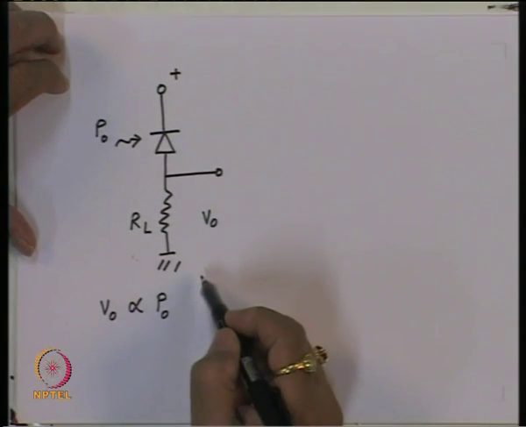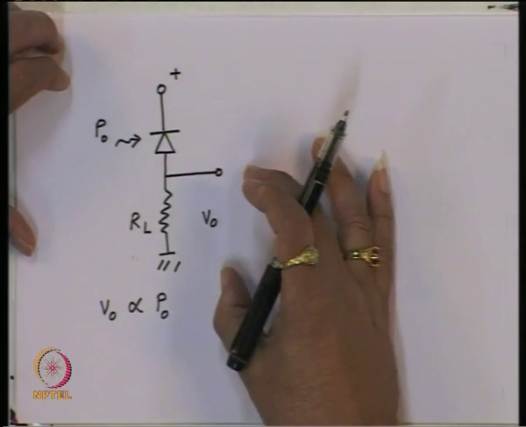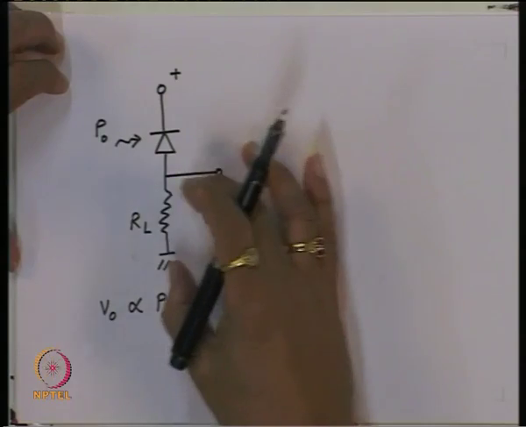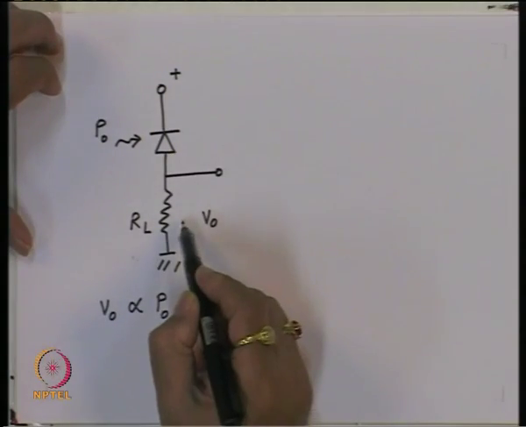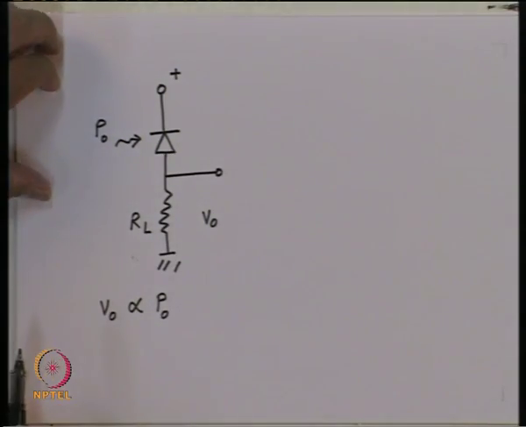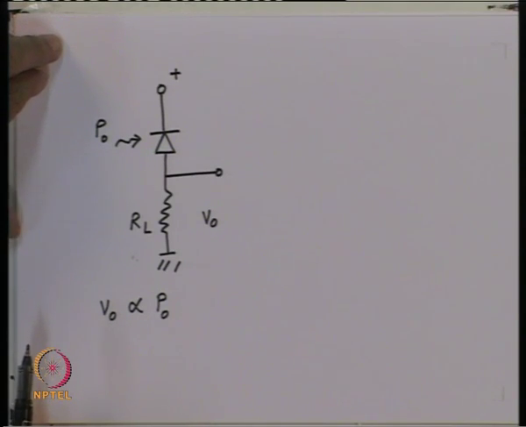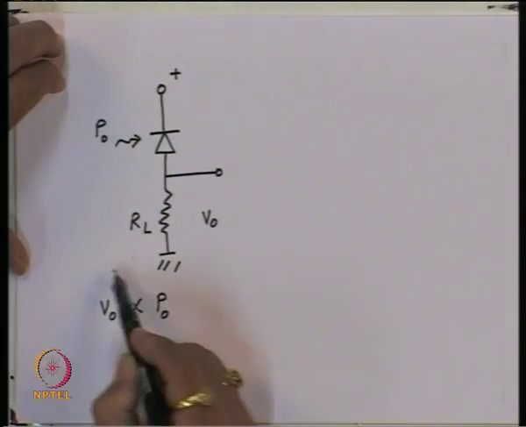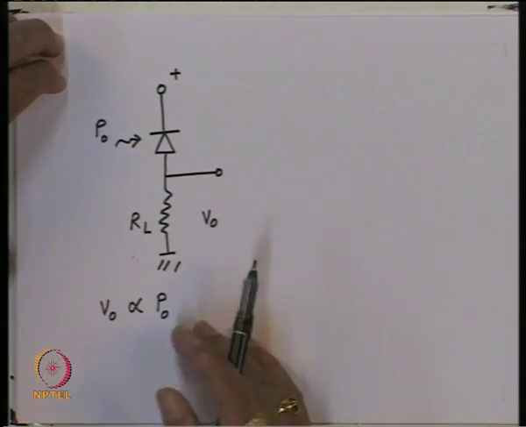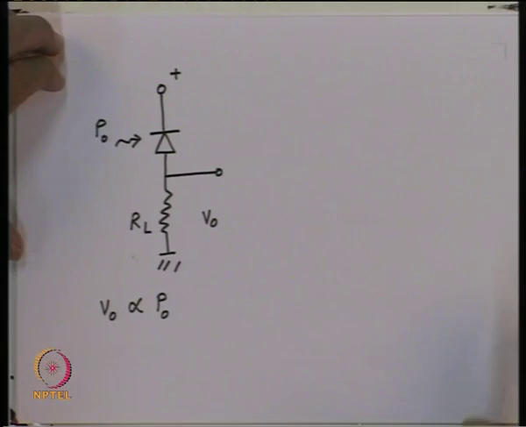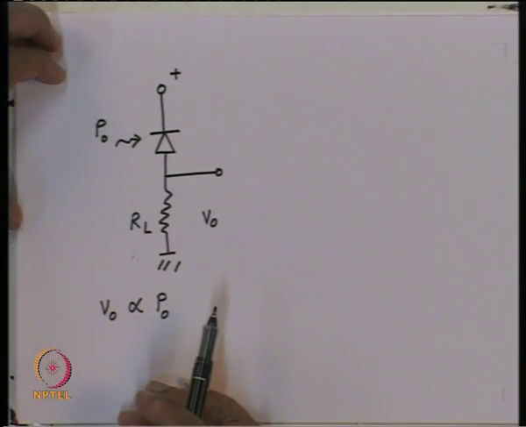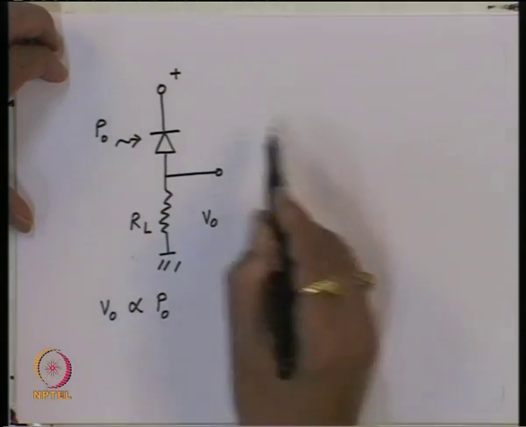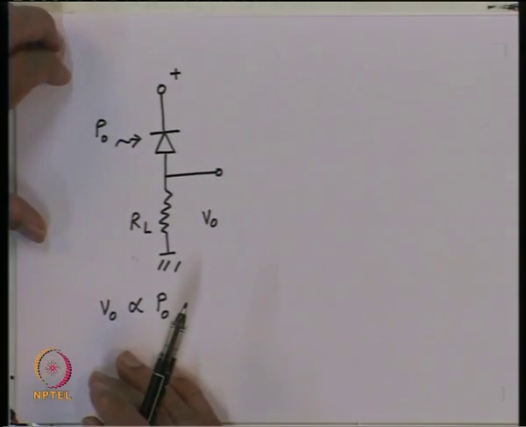In other words, we will not be able to connect any device in front of this without loading this circuit, because the output impedance is very, very large. So if this circuit has to be connected to a following circuit like an amplifier, then the output impedance of this configuration should be reduced.